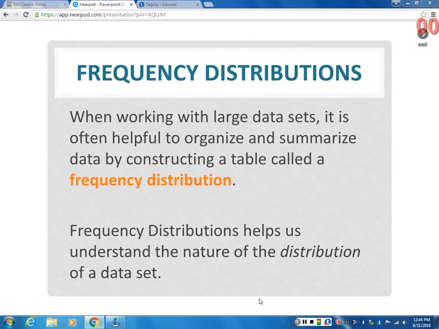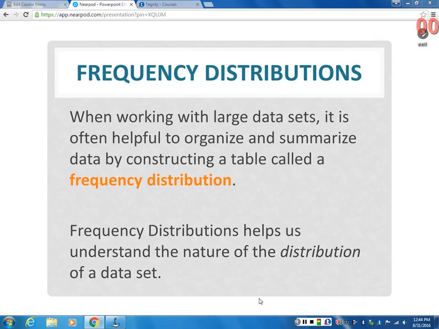And we're going to start off talking about frequency distributions. The reason we need to talk about these is because when you're working with a large data set, it's helpful to organize and summarize that data by making it into a table instead of just looking at a whole bunch of numbers and trying to make sense out of it.